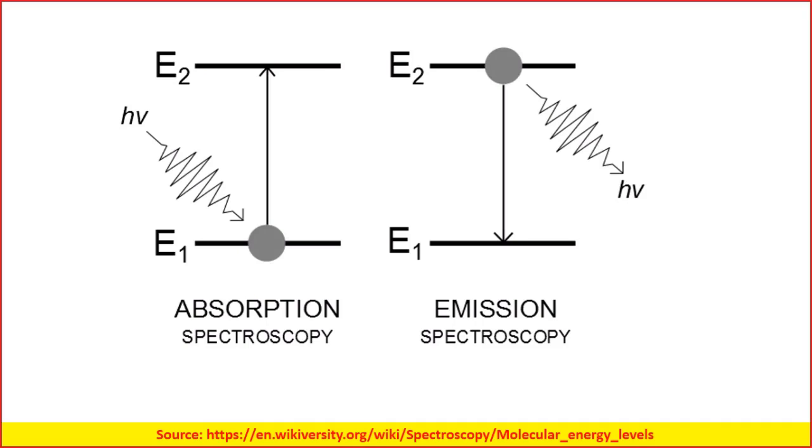At the molecular level, what is happening? You have a photon energy incident onto the molecule, which is present in the ground state. The electron absorbs the energy and goes up to the E2 level. And how much energy has been absorbed?